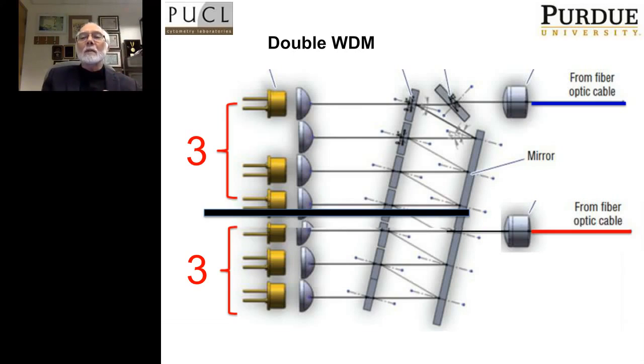So you can see the blue laser is coming from this one, the red laser is coming from this one. And on the left-hand side, you see the number 3. That implies that I now have 3 APDs, 3 detectors coming from this laser and 3 detectors coming from this laser.